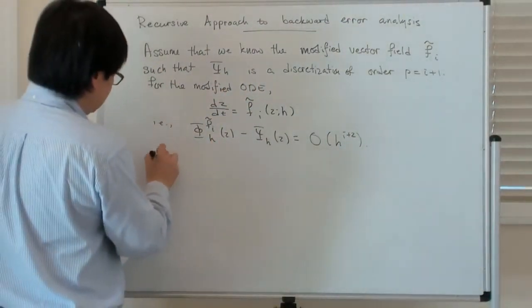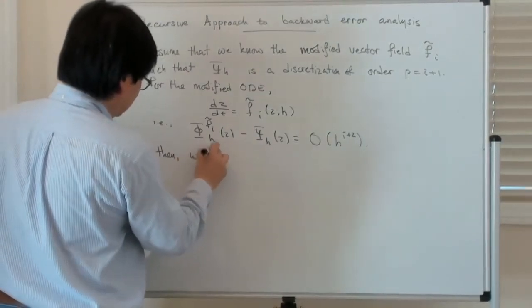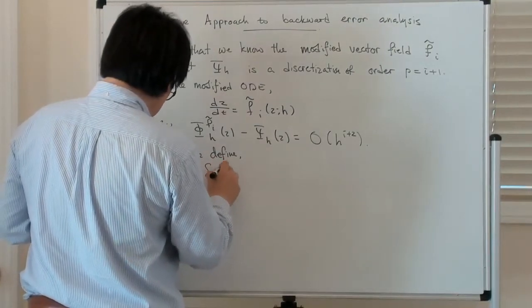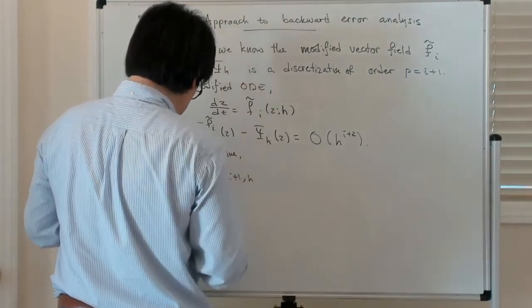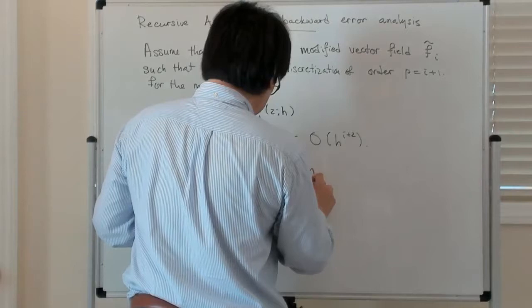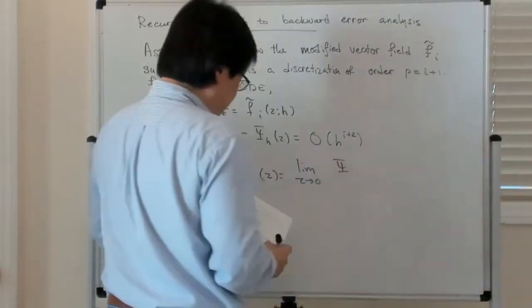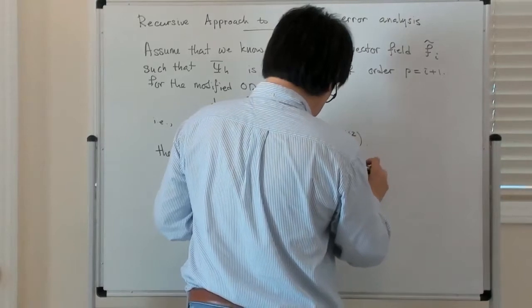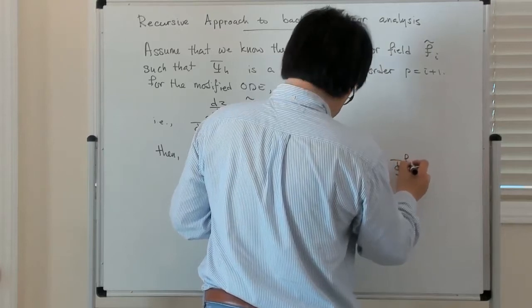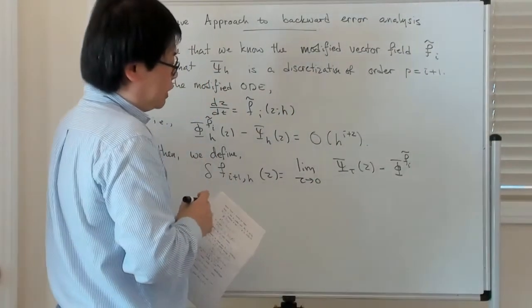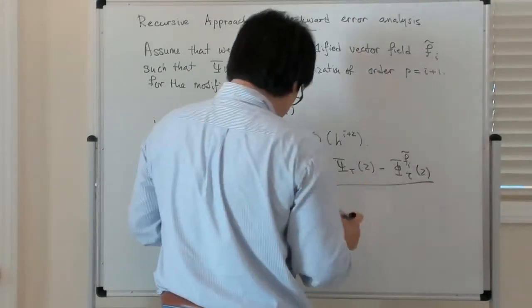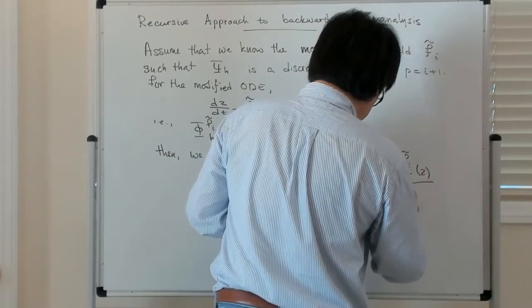Okay, then what we can do is define the next correction term, which I call delta f I plus 1 of z, and this is equal to the limit as tau goes to 0 of the numerical method with time step tau applied to some initial data z, minus the exact flow map of the f tilde I modified vector field with time step tau applied to the same data, divided by tau to the I plus 2.